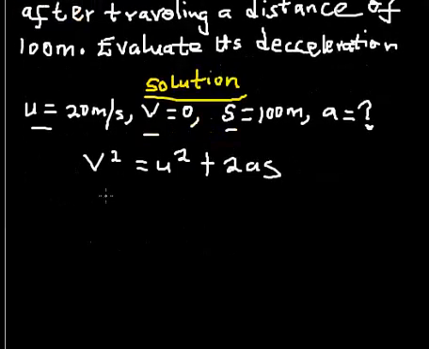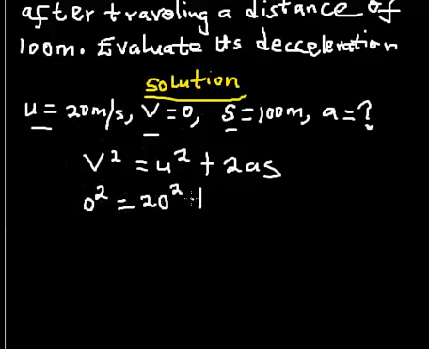Now we have that v is equal to 0 squared, u is equal to 20 squared, then plus 2 times the acceleration, which I need to find, that's what I'm looking for, times 100. So this is going to be 0, and 20 squared is 400.